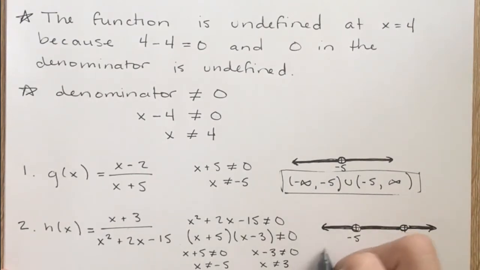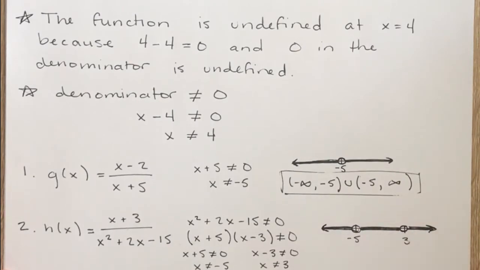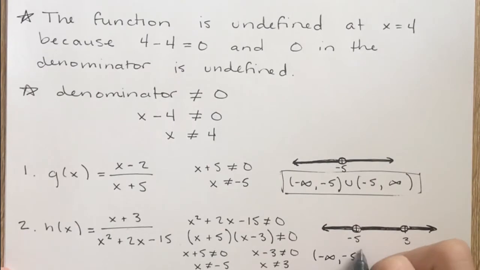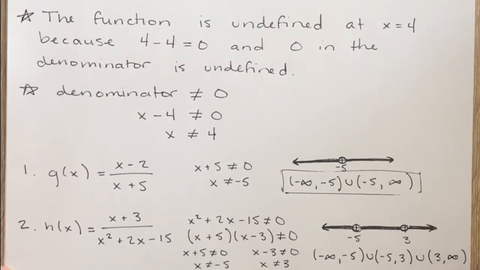So our domain here now has 3 pieces: -∞ to -5, -5 to 3, and 3 to infinity.